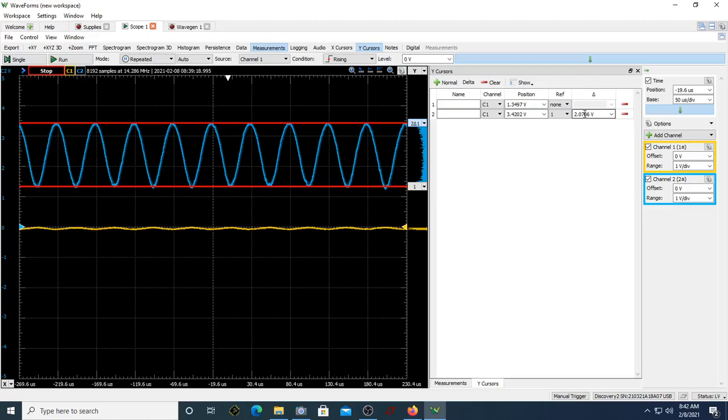We can actually find out what is the gain of this amplifier. So A_V is given by V naught peak to peak by V in peak to peak.